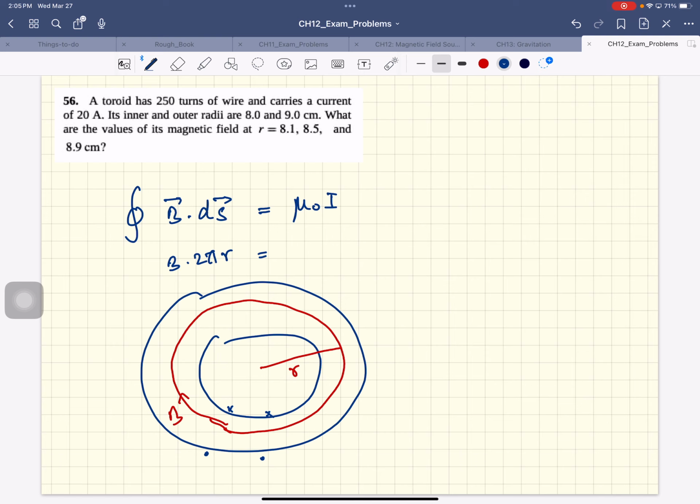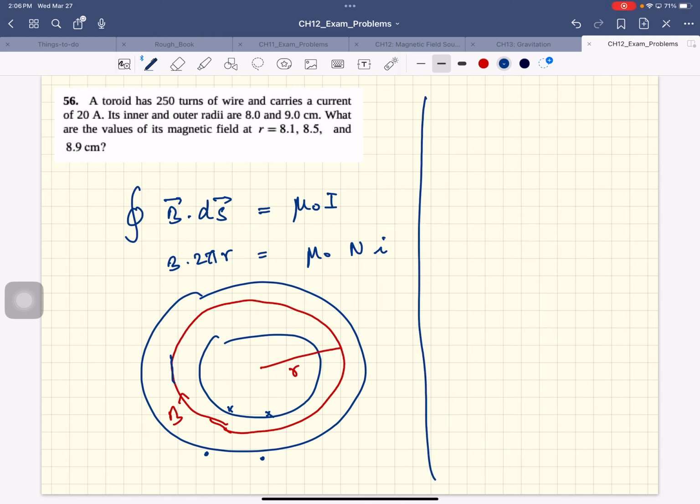Okay, and if you do the line integral in this sense, what is the total current within this loop? What is positive is current going into the sheet. You point your fingers in the direction of the line integral and your thumb points in the direction. So these currents are positive, and these currents don't contribute because they are outside the loop. So it's only this. And how many of those are there? There's 250 turns, so 250 of those currents are pointing in. And so that's equal to mu naught times N times I.